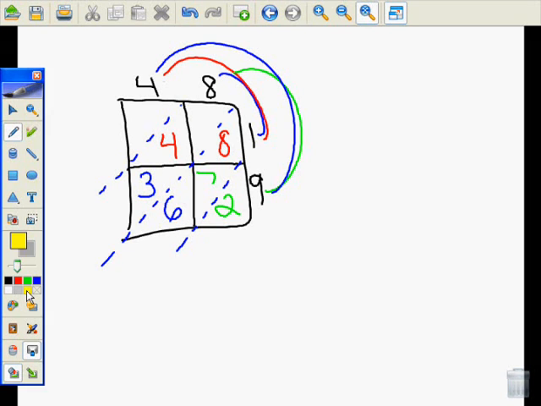So again, I can focus on just this section. Whoops, I should have done that in highlighter. So I'm going to add this ones column which will give me 2.